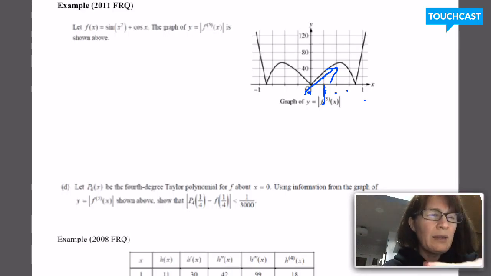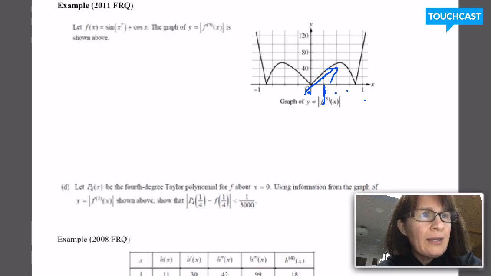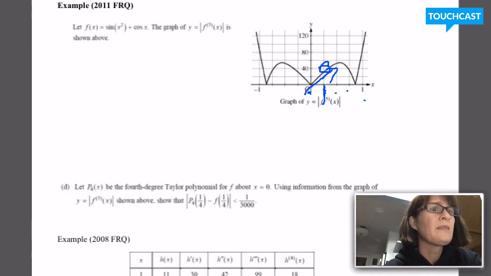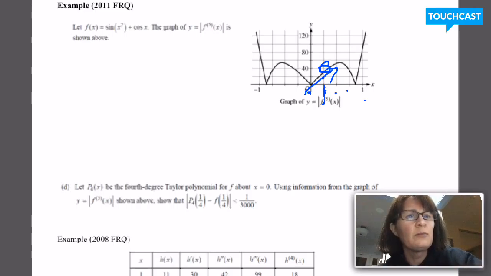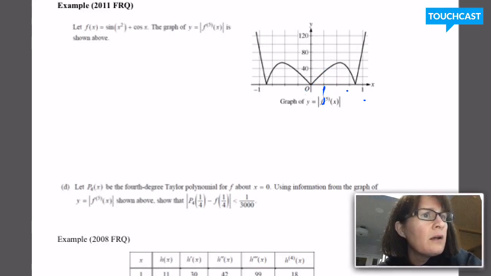So they're not going to mess with you too much. I can say, well, I'm 100% certain that on the interval x between 0 and 1/4, that fifth derivative never, ever gets to 40. It's a little bit under 40 the whole time. So that's what I'm going to choose.